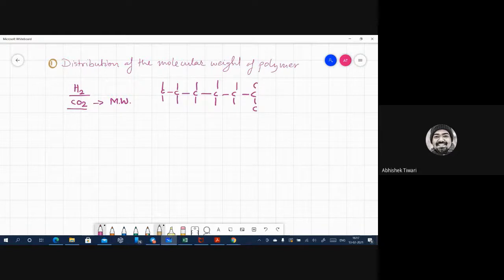You can have branching, you can have cross-linking, and different things can happen. So here it depends upon the degree of polymerization, how much molecular weight you have. Also, it depends upon the cross-linking, branching, etc.